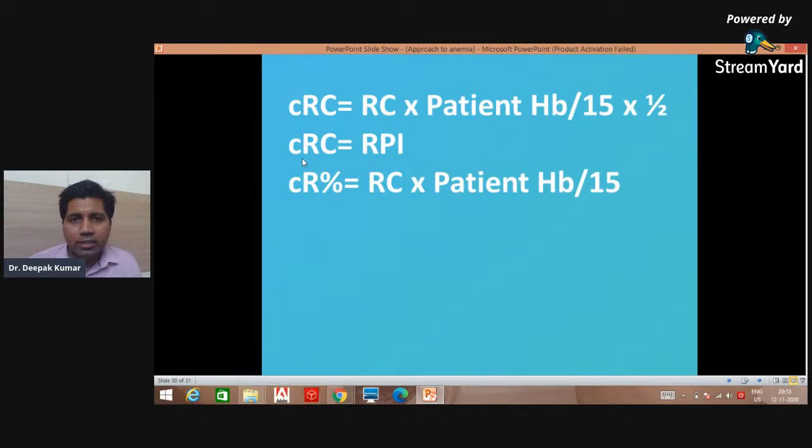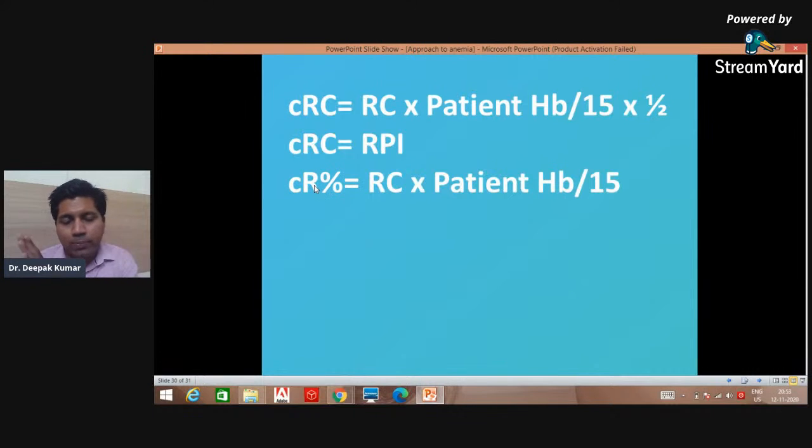Okay. And next thing you need to remember is that corrected reticulocyte count also means reticulocyte production index. So these two mean the same. No need to get confused about whether these two things are separate or the same. Another thing that may sound familiar but is different is corrected reticulocyte percentage. So just remember to look at the last word.